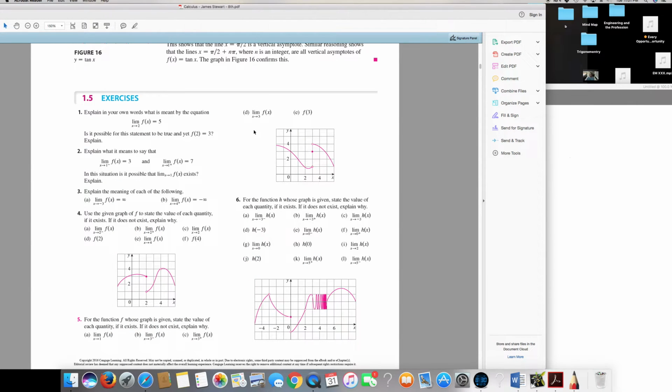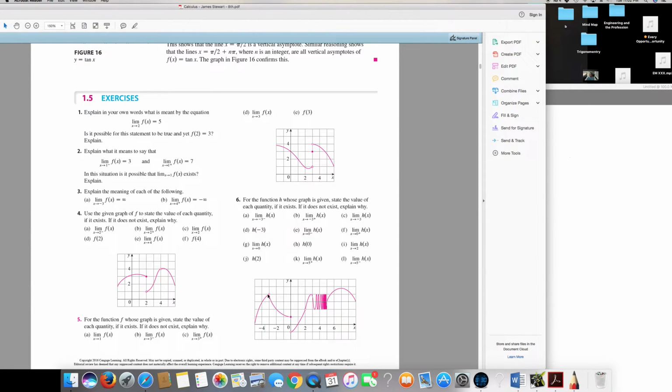Okay, what else do we have right here? We have this question right here: the limit of h of x as x approaches -3 from the left-hand side.